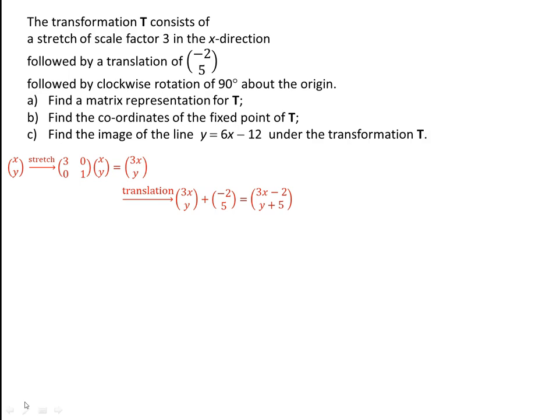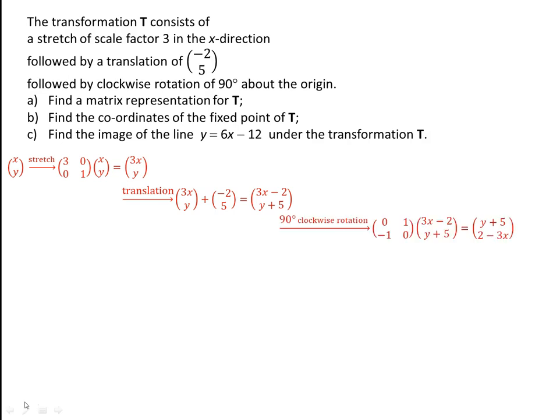And then, finally, we've got to do our clockwise rotation of 90 degrees about the origin. Now, 90 degree rotation about the origin takes (1, 0) to (0, -1), and it takes (0, 1) round to (1, 0).